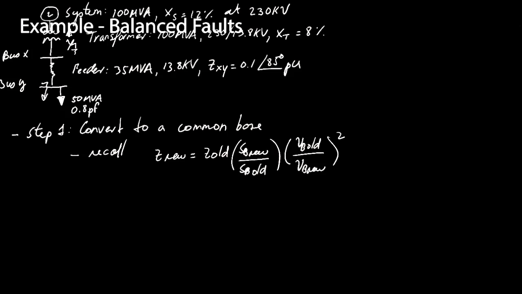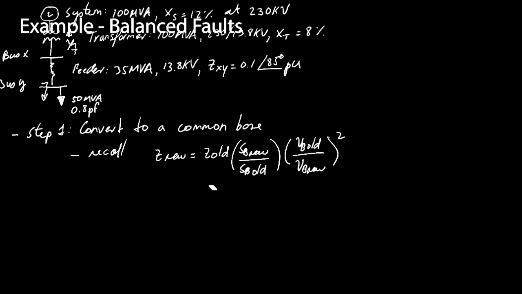So in other words, what this equation says is that to get a new impedance on a different base, you plug in the old impedance over here, and then S_B new and S_B old are the two different base powers, and same thing for V_B old and V_B new, the two different base voltages.